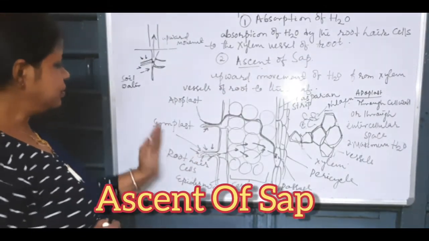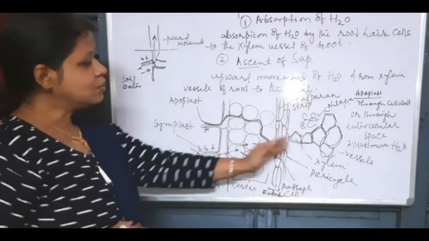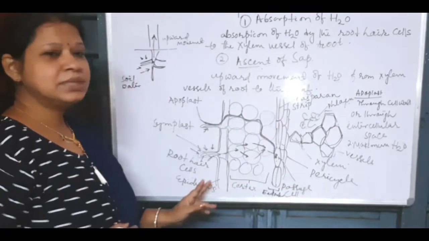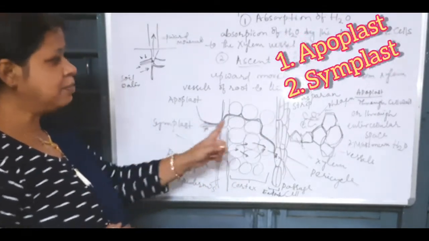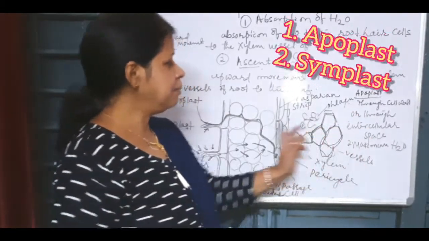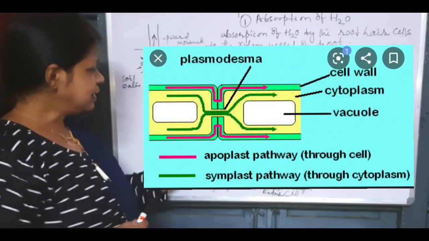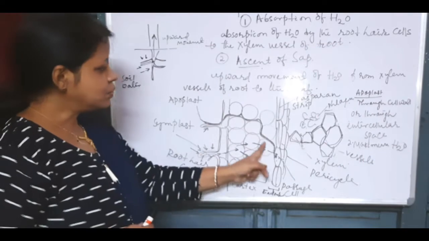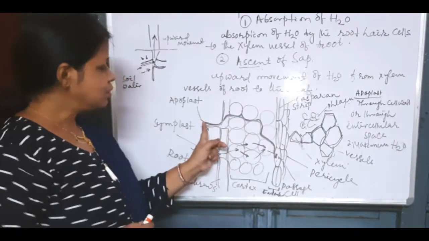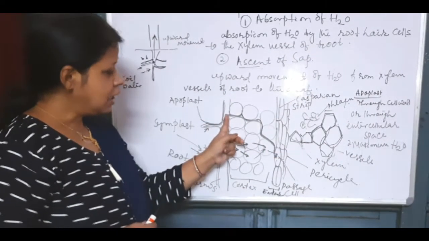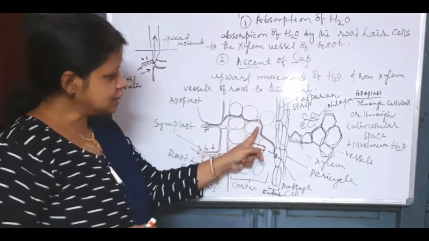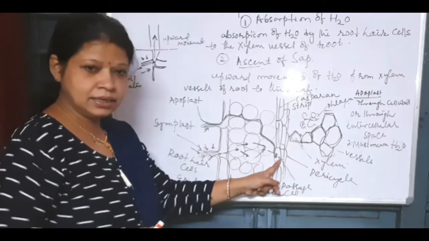From the root hair cells to the xylem, water moves in two pathways. One is apoplast, another is symplast. Apoplast is the path in which water moves to the xylem cell through the cell wall or through the intercellular spaces of the cells.